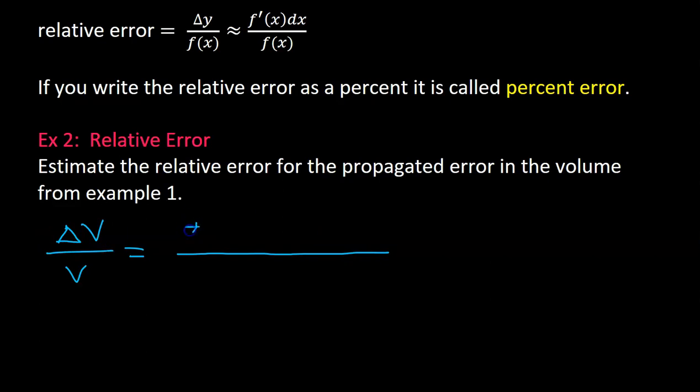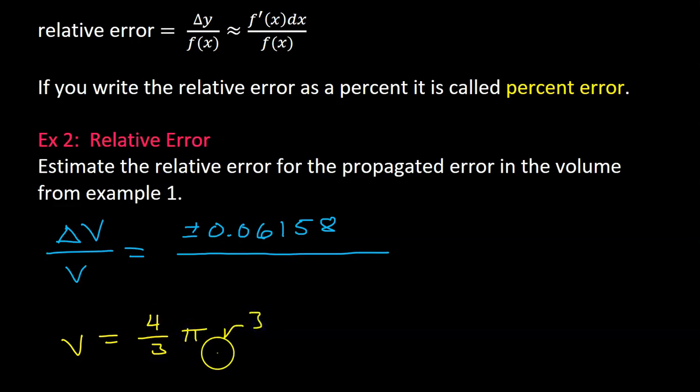That was plus or minus 0.06158. So all we need is to divide by the volume v. Let's calculate that off to the side. v is equal to 4/3 pi r cubed, that's the formula for volume.